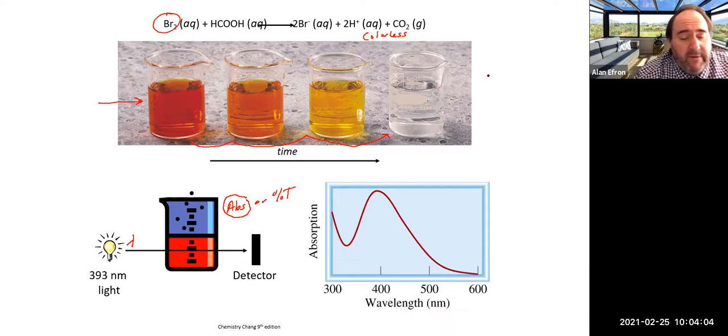Now, if you've ever used something like a Spec 20 before, one thing that you usually do is set the wavelength to a specific wavelength. And how do you know where to set it? A lot of times in these experiments, you take the absorbance of your solution at many different wavelengths, and you could set up this curve, which is used to figure out where you should set the wavelength.